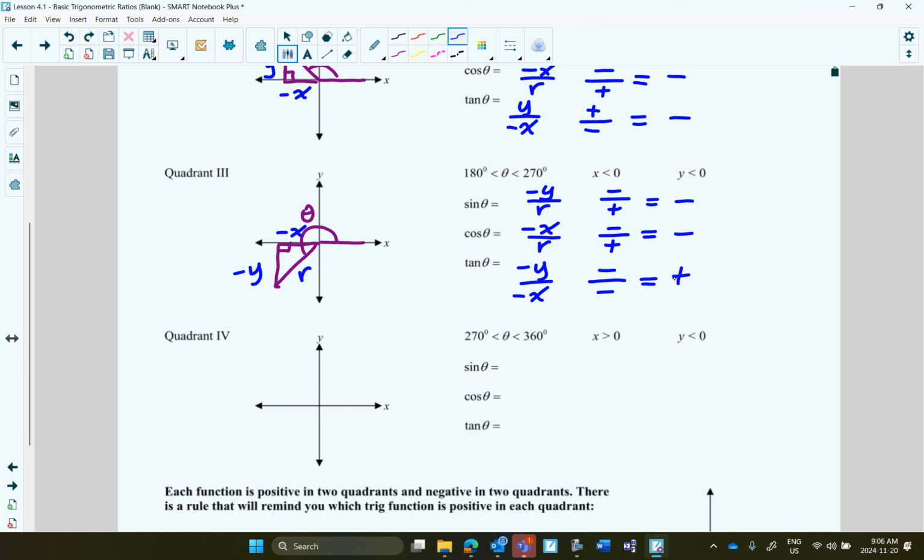And finally, quadrant 4. So we've got our initial arm, our terminal arm. There's the angle, but we're going to use a reference triangle that looks like this, which means that the x value, because we're on the right side again, becomes positive. The y value is still going down, so it's negative, and r is always positive.